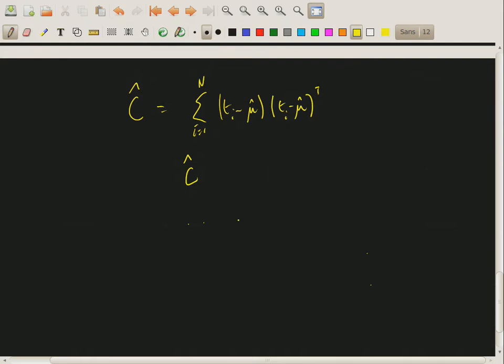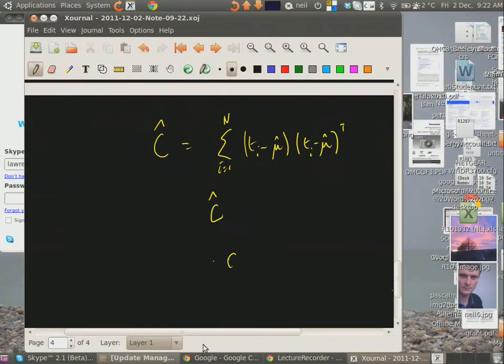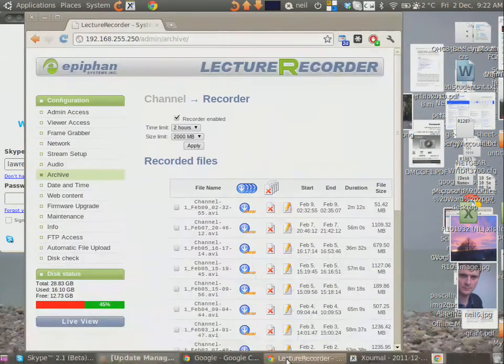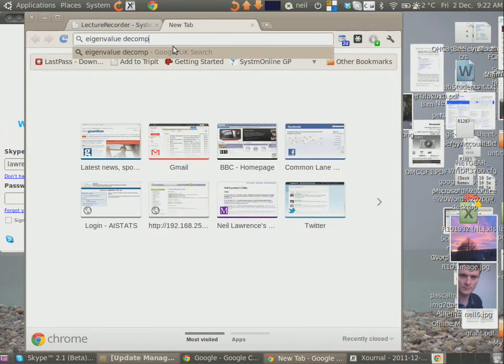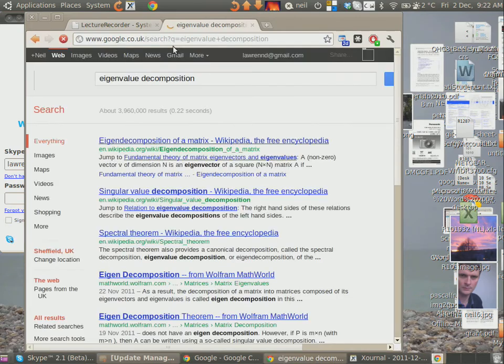The eigenvalue decomposition is defined, well, in fact, since we're here, why don't we just see what Wikipedia says on the subject? Since you'll all be checking that anyway.